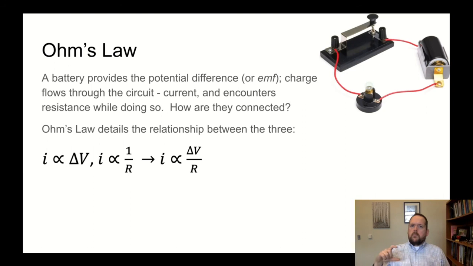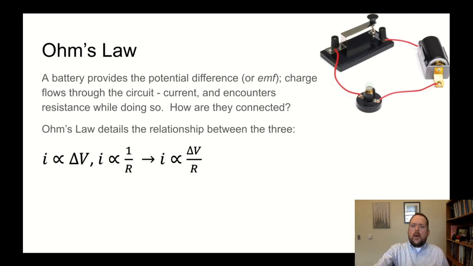So the stronger you make that pump, or the higher the potential difference of the battery, the more current you push through that circuit. You're giving charges more energy. More energy means more flow through the circuit. However, the more resistance you put in that circuit, that actually decreases the current. So current and resistance are inversely related, and you can pair them and say current is proportional to the potential difference divided by the resistance.